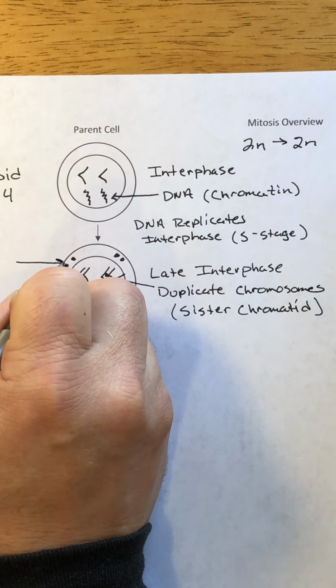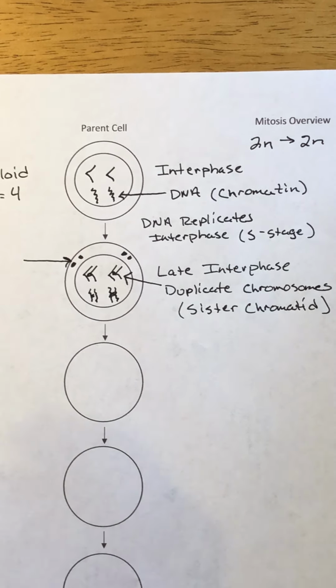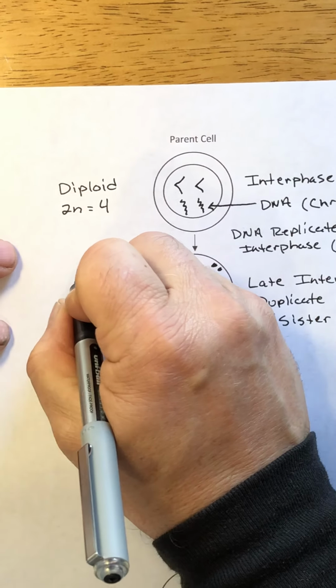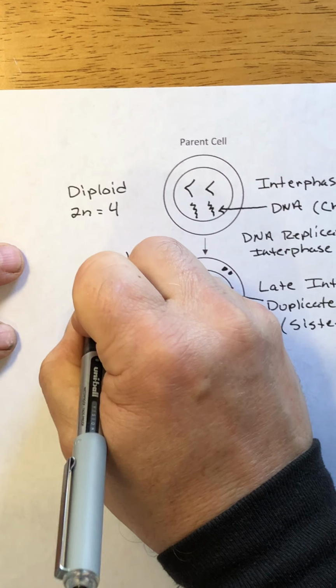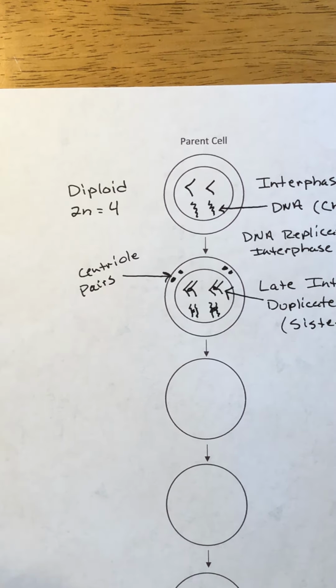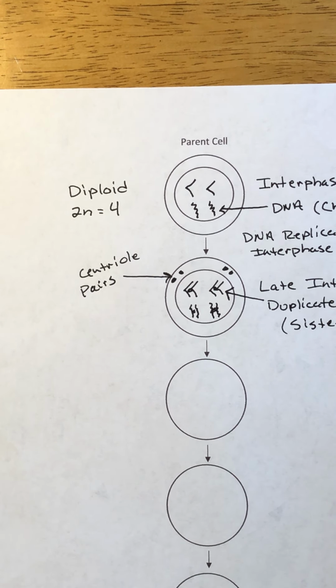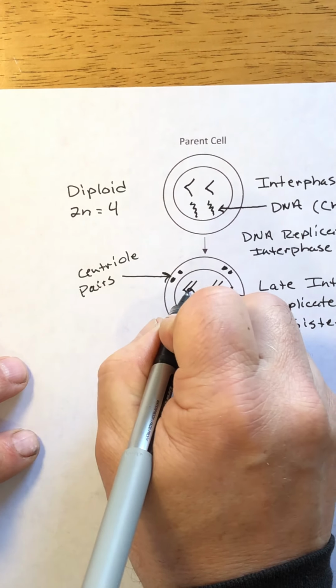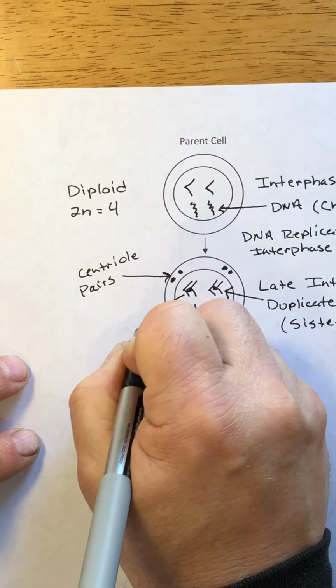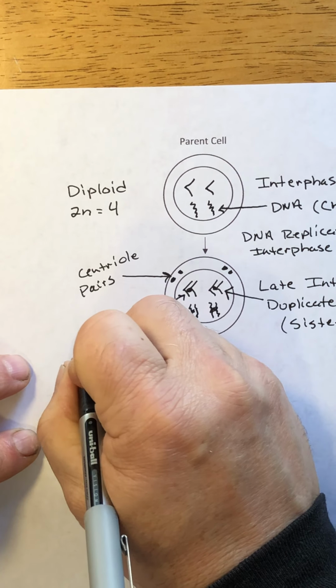These, only found in animal cells, not plant cells, are called centriole pairs. And you may see some additional terms thrown out there, centrosomes and some other terms. There's a lot of very similar terms associated with these processes, so keep track of which one of those structures relates to the different features of the cell. This little constricted region that holds the duplicate chromosomes together, that's called a centromere.